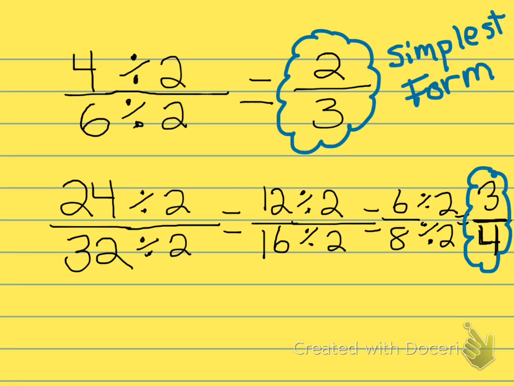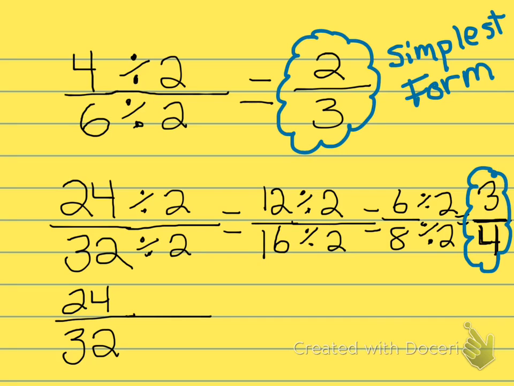Now, I want to go back to this. Sometimes it's easier to recognize the greatest common factor. When I think of 24 and 32, I think 8 is a factor of both of those. In fact, I think it's the greatest common factor, meaning the common factor that they share that is the greatest number. Okay, so let's see. If 8 is the greatest common factor, we'll get 3/4 as our answer.